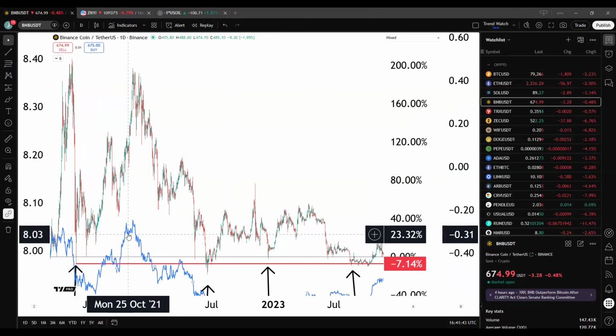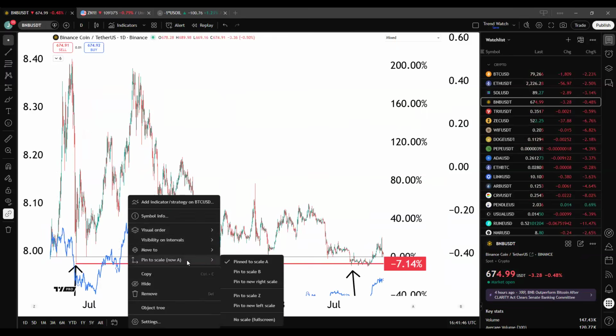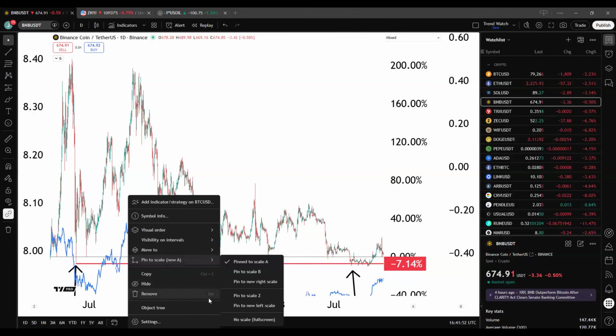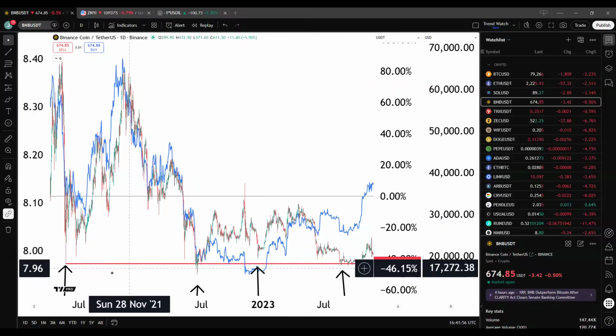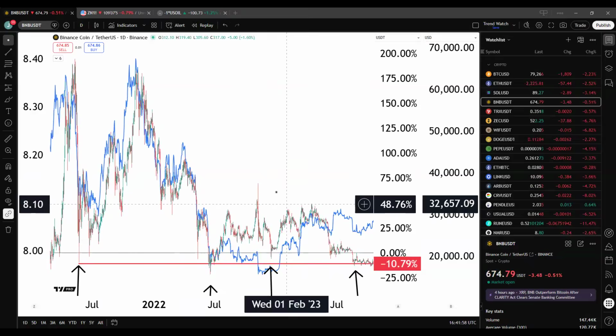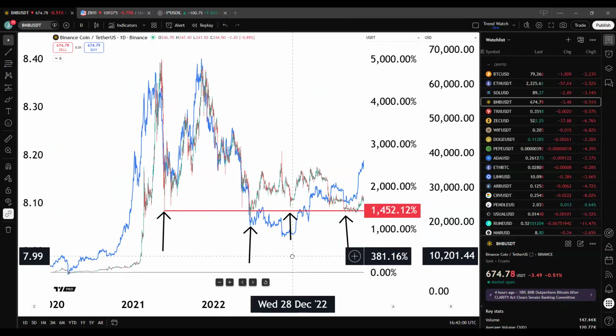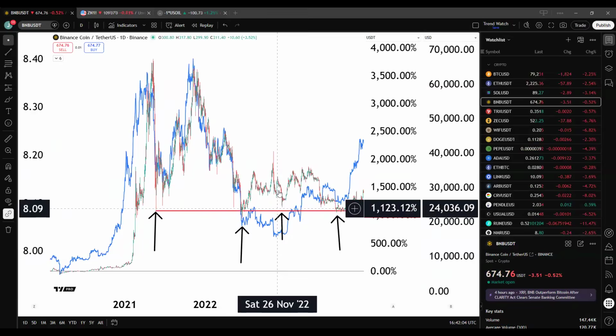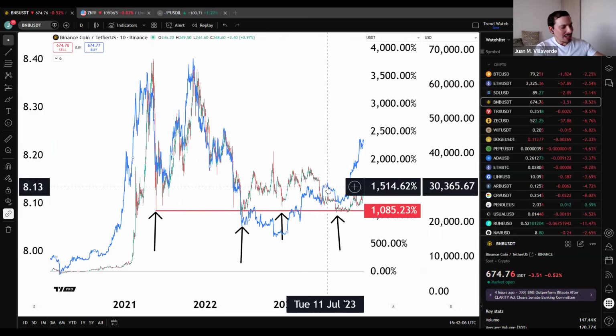For Strategy, their cost basis is almost 76K, and they're the biggest Bitcoin holders. For BlackRock, I bet their cost basis is between 82K and 85K. Their aggressive accumulation means they're going to protect that.